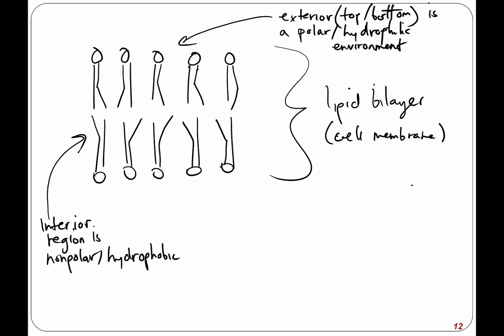Okay. Now it turns out that when you have molecules that are heterogeneous, like these lipids, meaning they have a polar and a nonpolar region, and by the way, before I forget to say this, I'll get back to that in a second. These little tails, as we'll see, are fatty acid chains. Notice the kink in them.